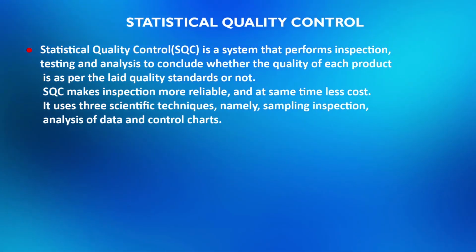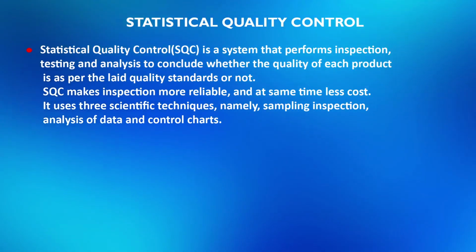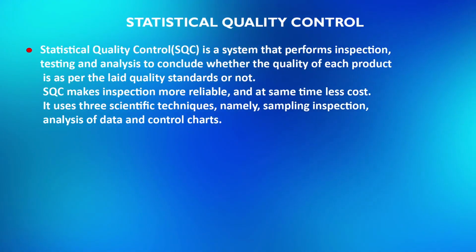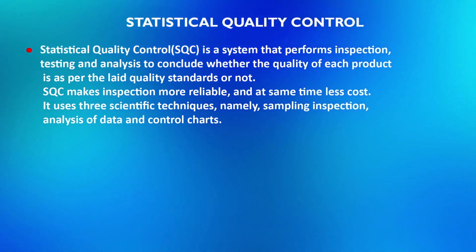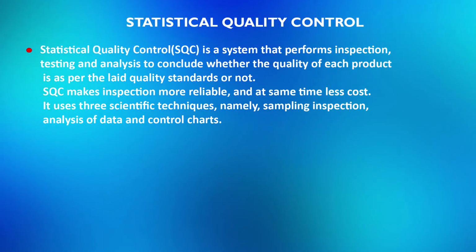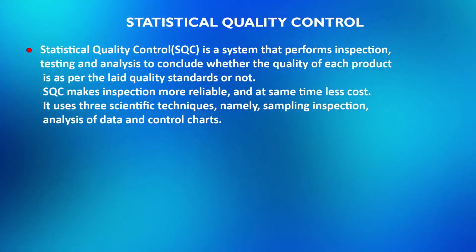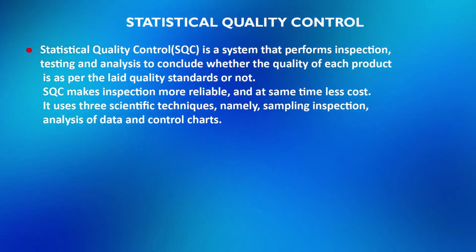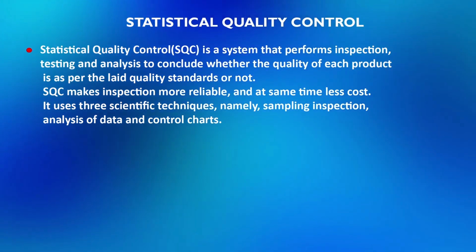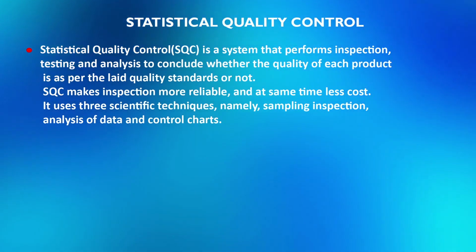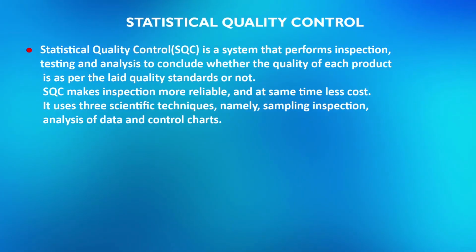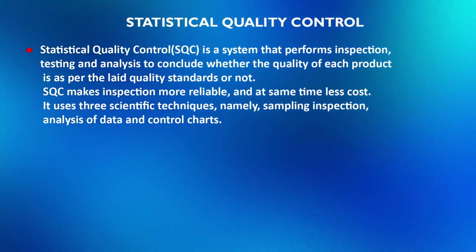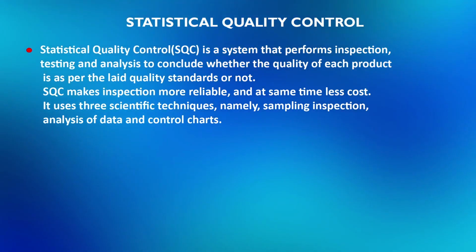Statistical quality control is a system that performs inspection, testing and analysis to conclude whether the quality of each product is as per the laid quality standards or not. SQC makes inspection more reliable and, at the same time, less costly. It uses three scientific techniques, namely sampling inspection, analysis of data and control charts.